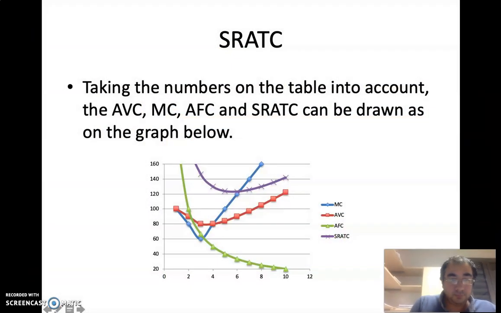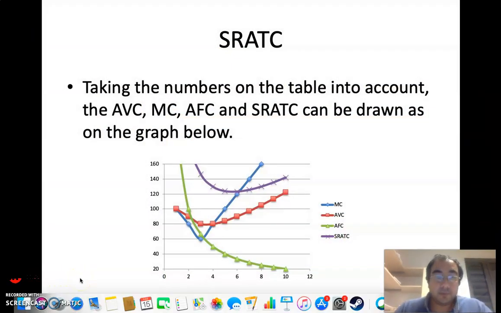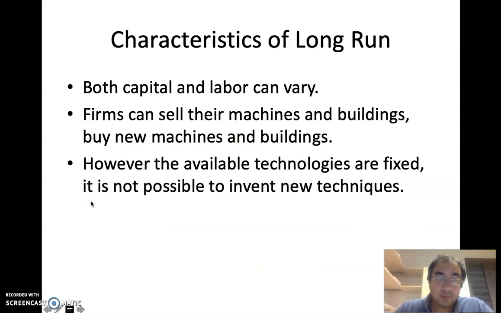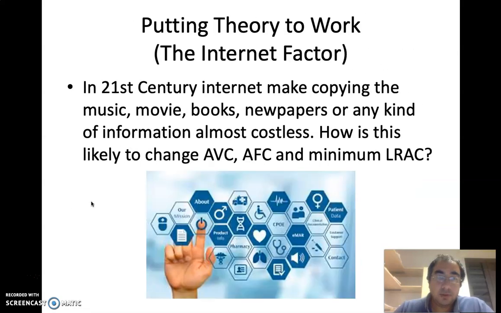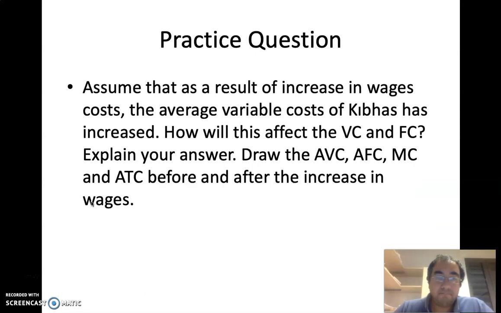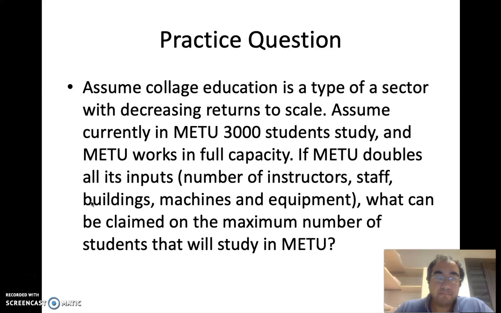Now let's continue. Assume college education is a type of sector with decreasing returns to scale. Assume currently in Matthew 3,000 students study, and decreasing returns to scale means average cost increases when you increase the production scale.